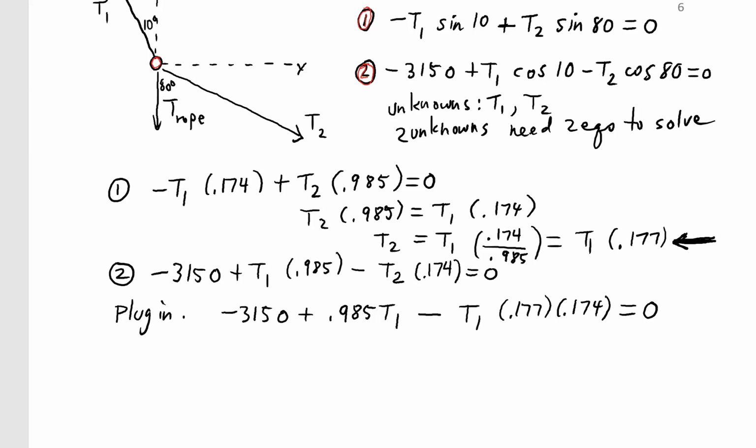And now you can solve for T1. So group together the T1s. And I think I did it for you already on a calculator. You will get that, and then you solve for T1.